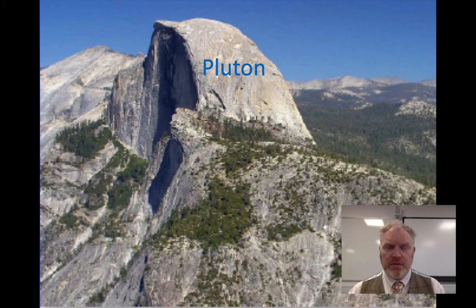A pluton is a large mass of intrusive igneous rock, a crystallized magma chamber, if you like. This particular example, Half Dome in Yosemite, is an enormous pluton. The surrounding country rock here has all been eroded away, but this rock is incredibly hard and has resisted that erosion and makes this mountain.